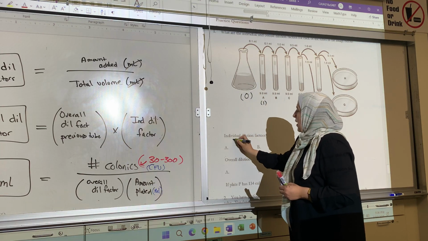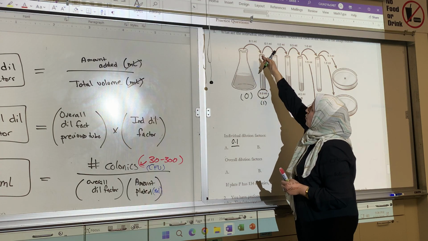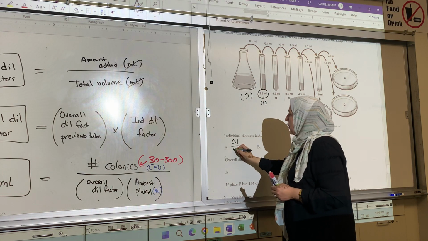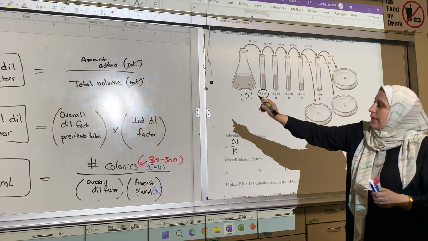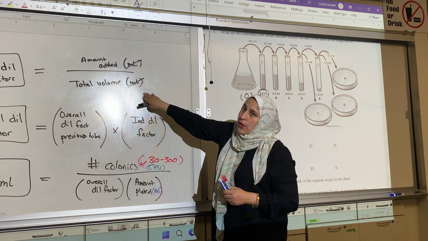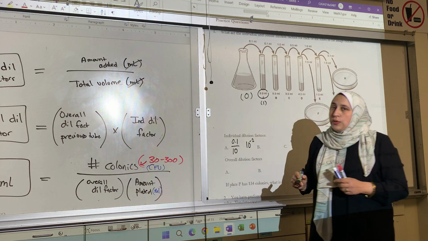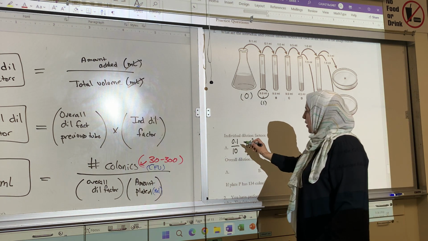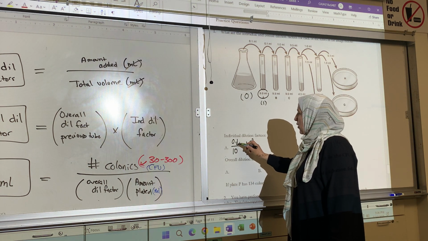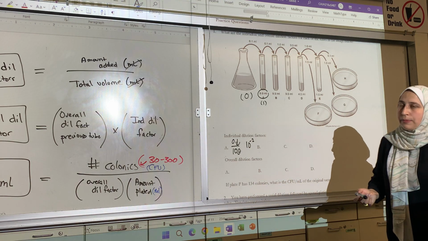Like we said, we added 0.1 mLs, and then the total volume, once we've added the 0.1 mLs, becomes 10. So 0.1 mLs is the amount added. The total volume is 10, and so that is 10 to the negative 2, or a 1/100th dilution, right? 1/100th, because if we move this decimal over, that becomes 1. We move this decimal over, that becomes 100, okay?